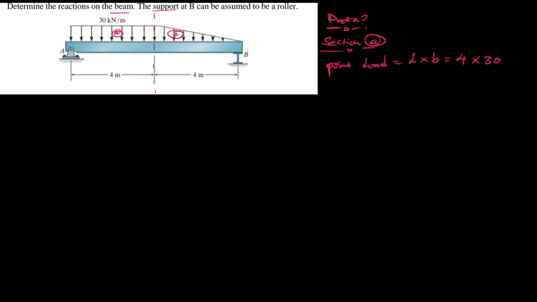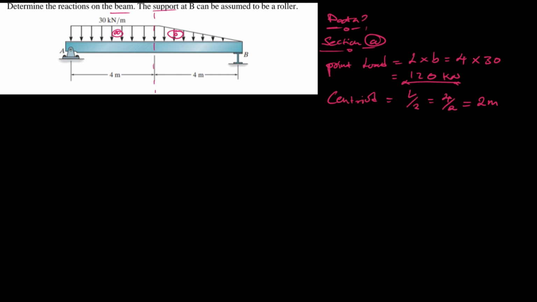So we have a point load of 120 kilonewtons. The centroid, which is basically the center, will be at L over 2. The span is 4, so 4 over 2 gives us a value of 2 meters, just like that.